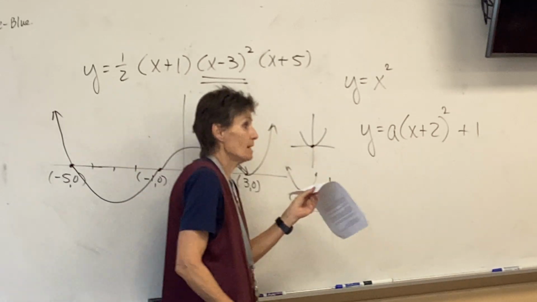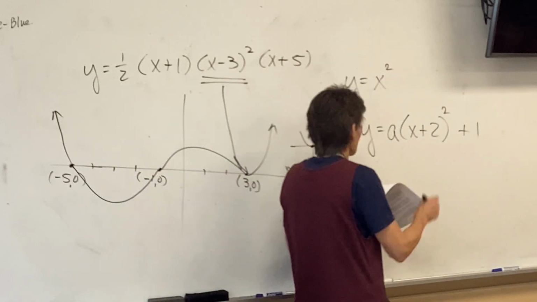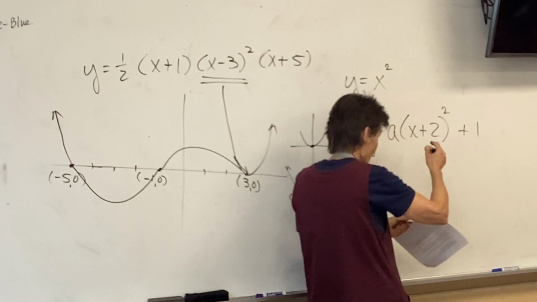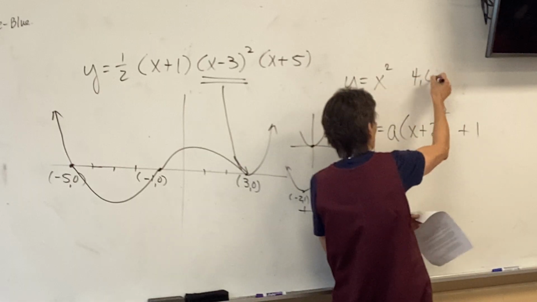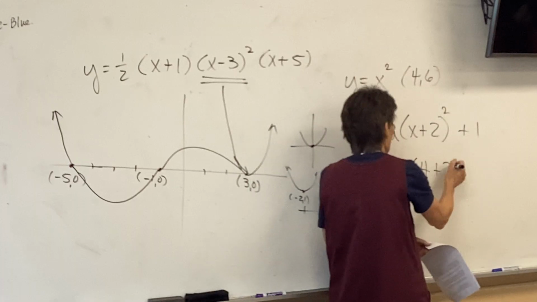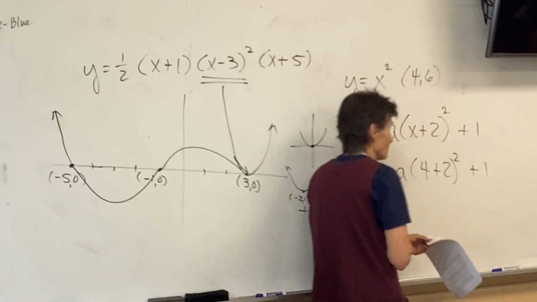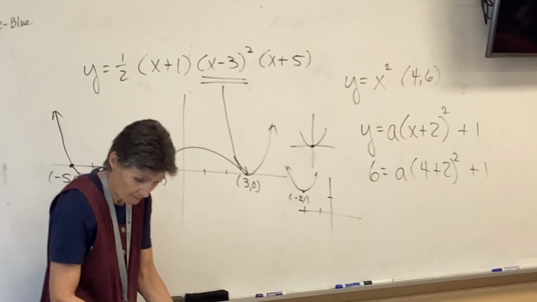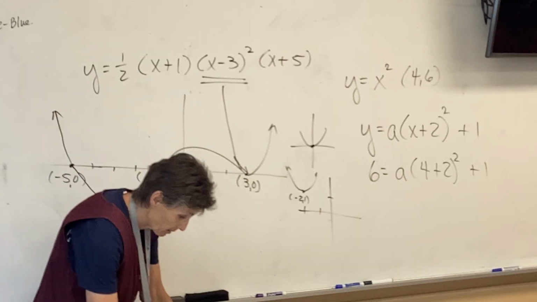Plug in the other point. So you always start with the vertex. Then we'll plug in our other point. So 6 for y and 4 for x. There's only one y and one x. So I'll plug those in.